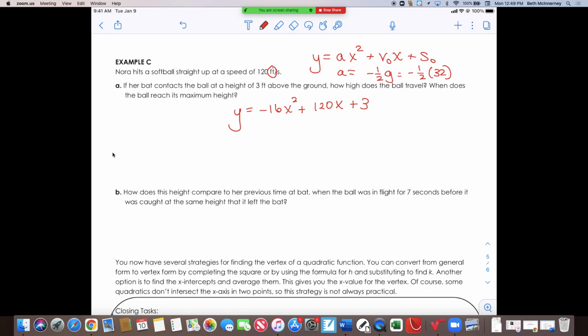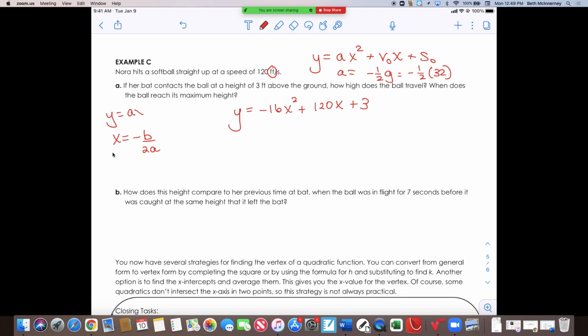3. Okay, so on this one, we're actually going to use, instead of completing the square, I had you write this down yesterday.